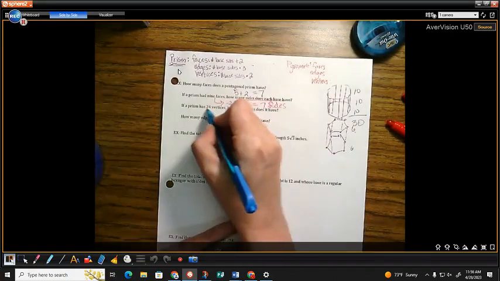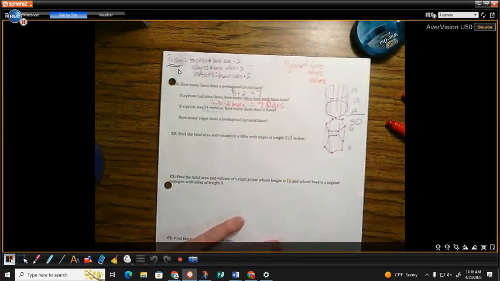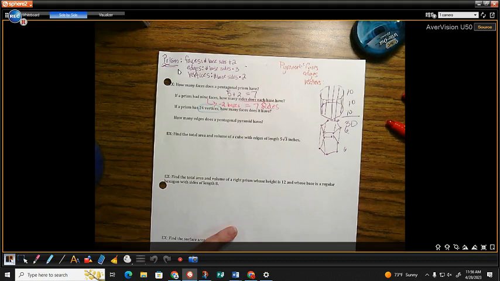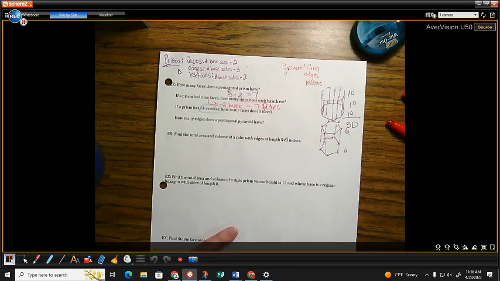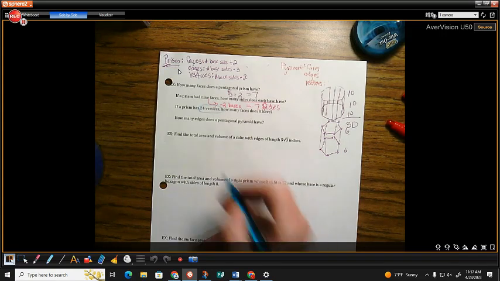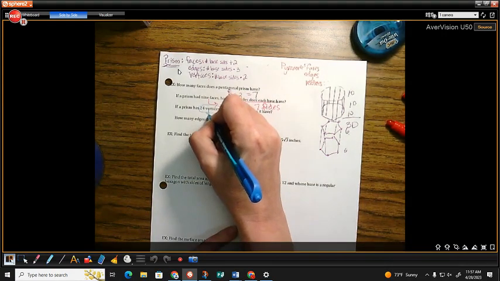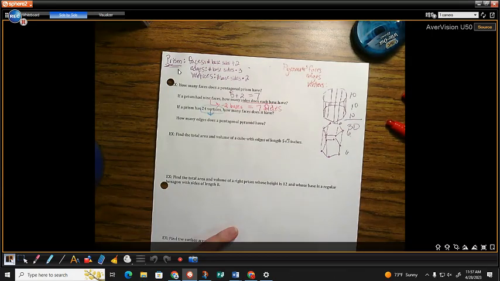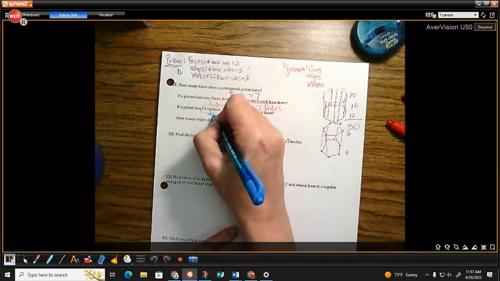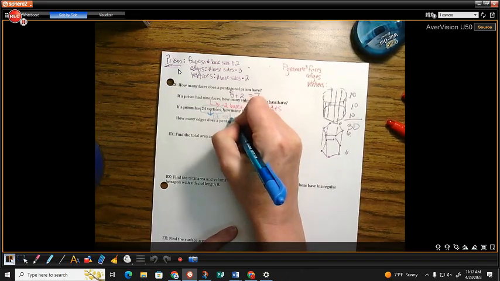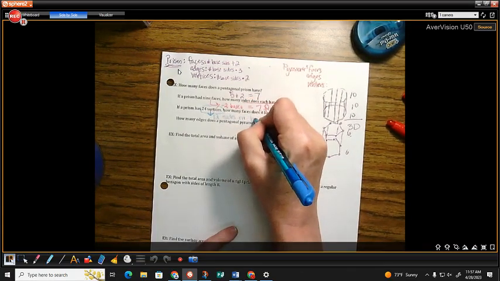So if a prism has 24 vertices, how many faces does it have? 12. This is a trick question. No. Because what does the 24 vertices let you figure out? That you have 12 sides on the base.